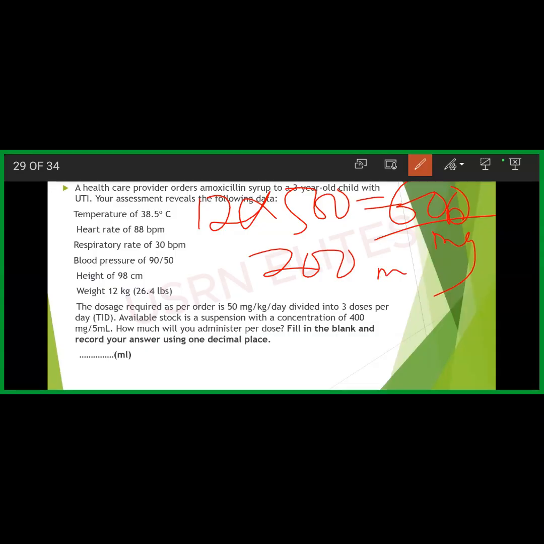Then the available stock is a suspension with a concentration of 400 milligrams per 5 mL. So if 400 milligrams is giving us 5 mL, then 200 milligrams will give us how many mL?